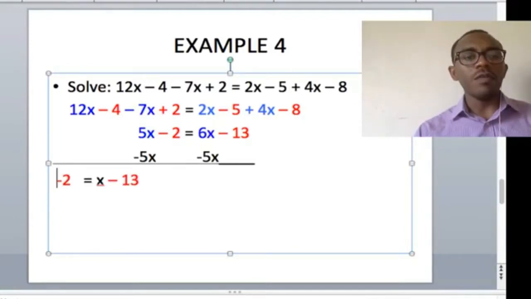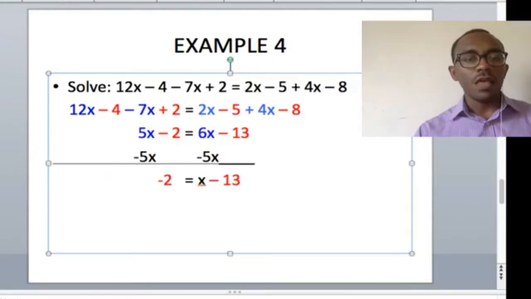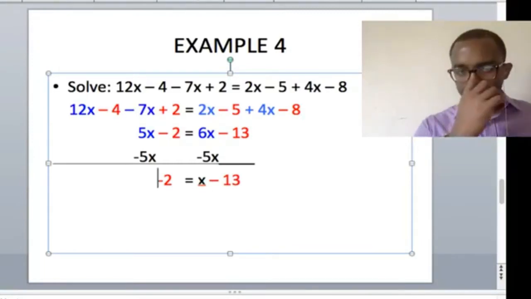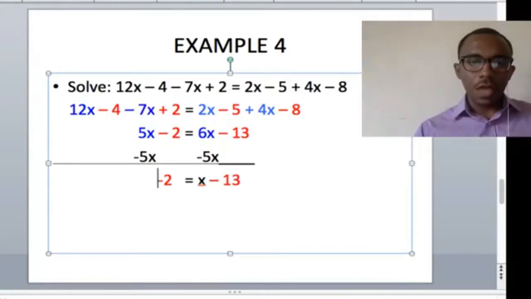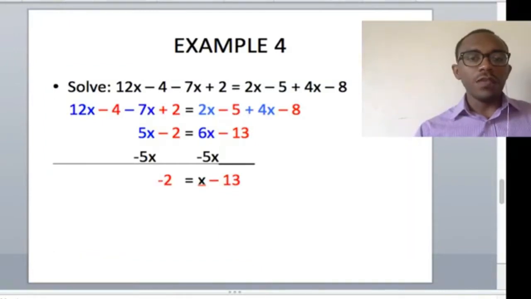So that becomes negative 2 equal to x minus 13. Okay, so my last step is to add 13 on both sides.